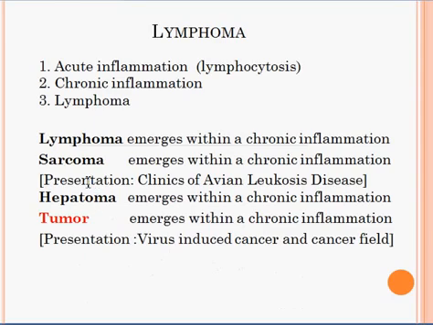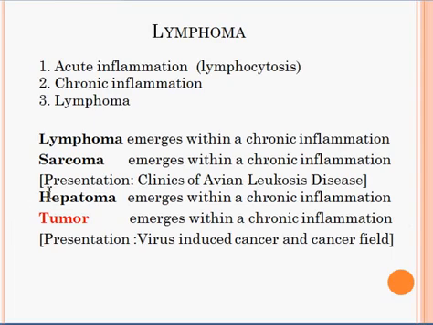So we saw lymphoma emerges within a chronic inflammation. This happens also to sarcoma, like I shall show. Sarcoma emerges also within a chronic inflammation, and I discussed it in the presentation Clinics of Avian Leukosis Disease. So Rous sarcoma appears in the last stage of this leukosis.